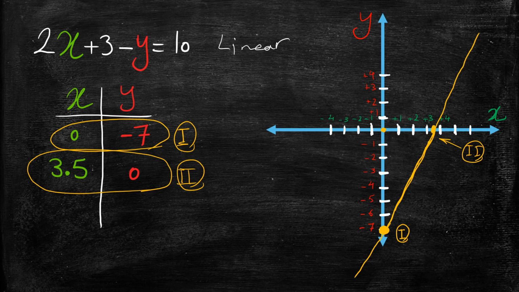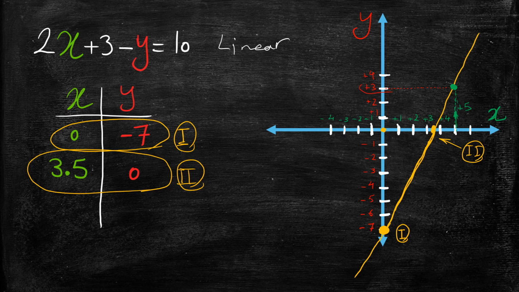So for example, at x equals 5, which means over here x equals 5, you can find out what y will be just by drawing a line going perpendicular to the x-axis until you reach the graph's line, and then going perpendicularly to the y-axis to find out at that point what y will be.